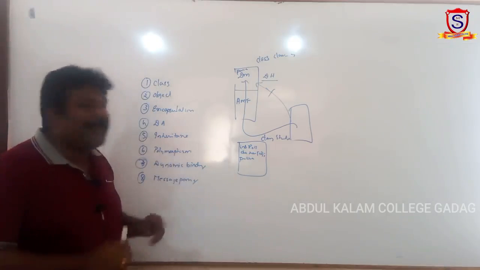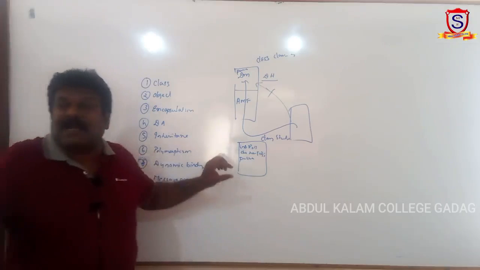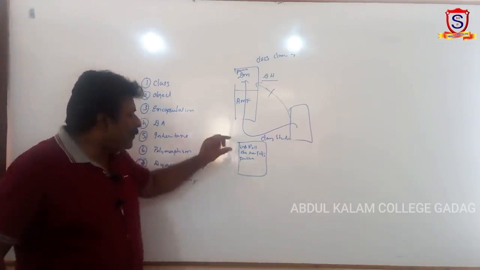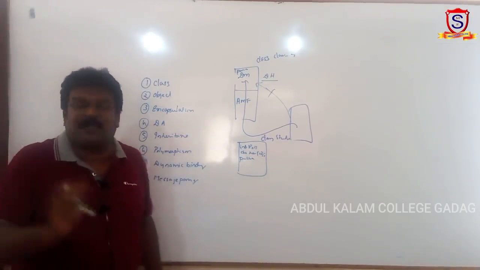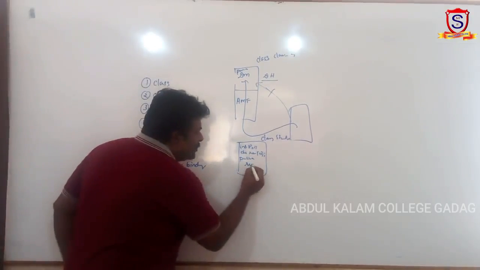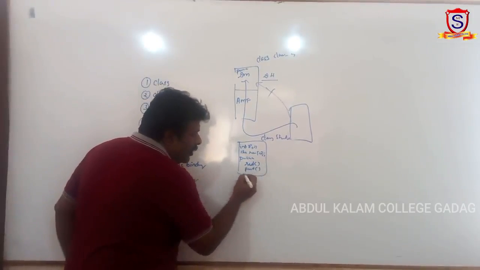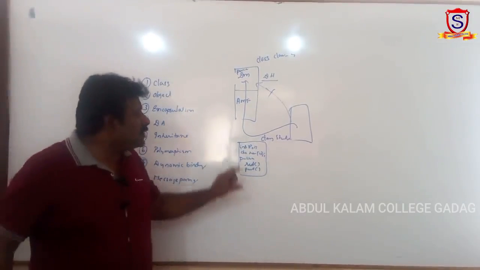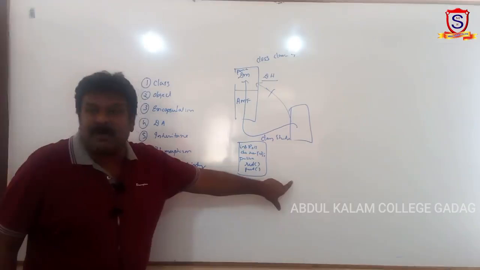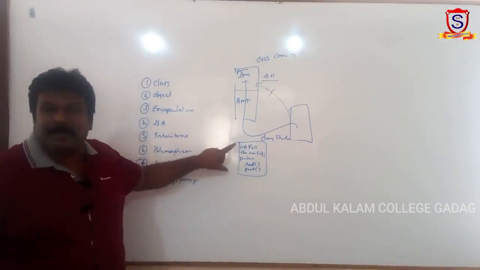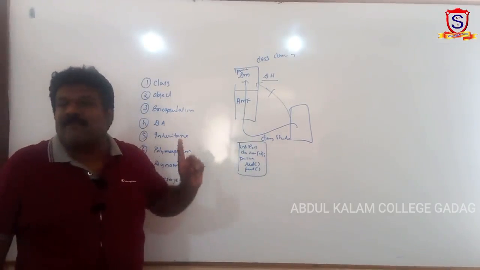Understood? So now what we do is, we put all the data to be hidden under the private section, and we write all the functions, that is the associated member functions, under public. Let's assume read and print. These are the two functions which are associated with this particular data, where the external world will be communicating with these two data members through these functions.